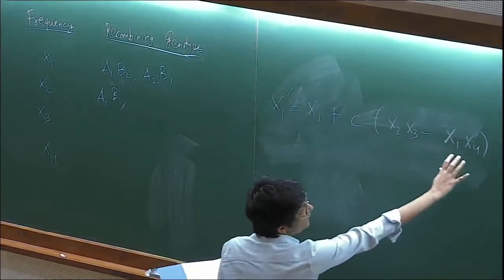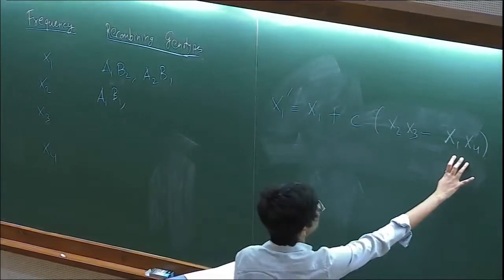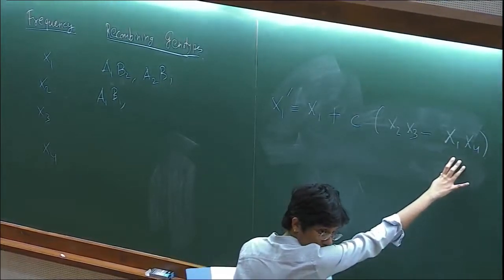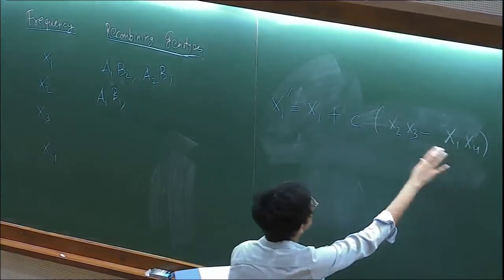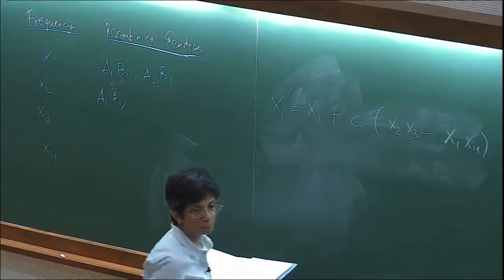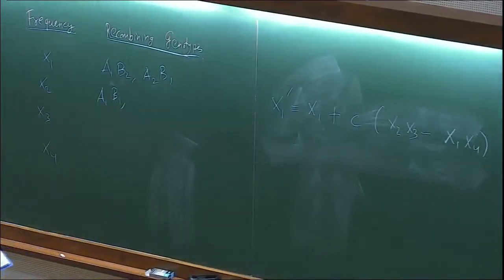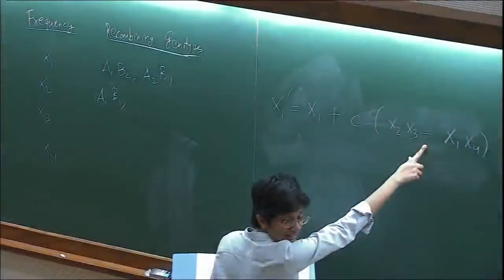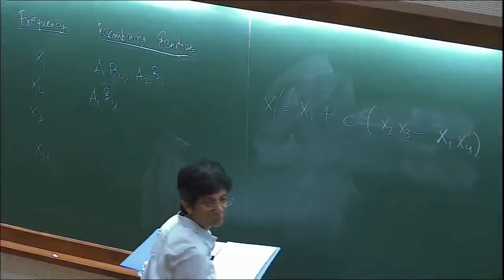If A1 B1 recombines with A2 B2, there's a loss. Its frequency is smaller than what it started with. So isn't there a flux of genotype A1 B1 out of the box? This is a negative term, right? Okay, so C goes like that.